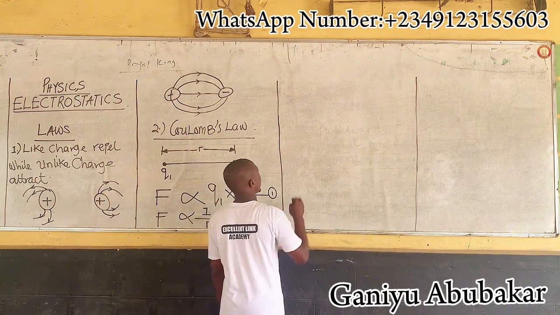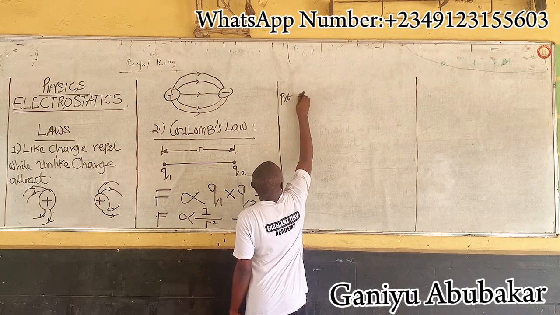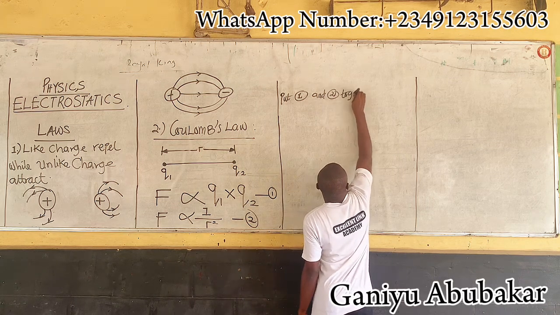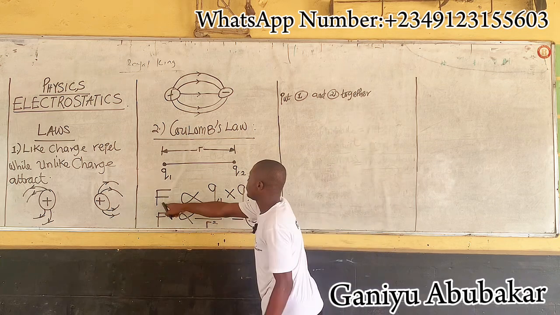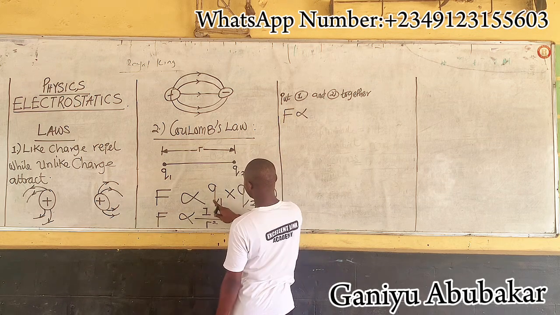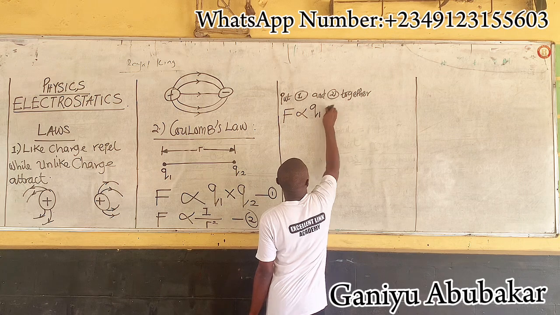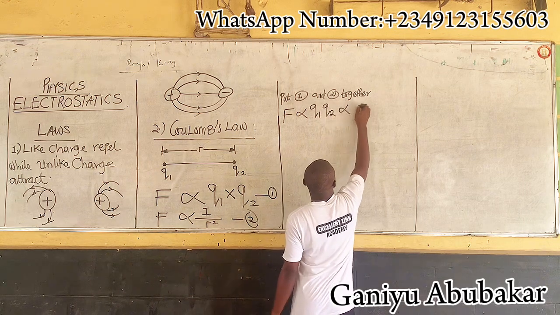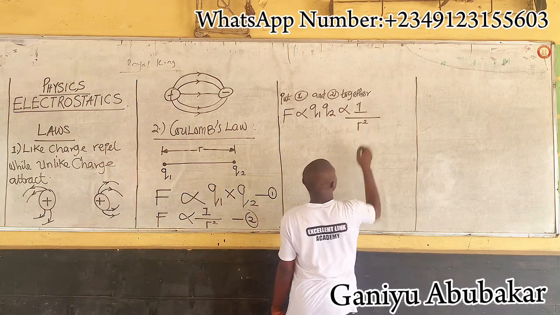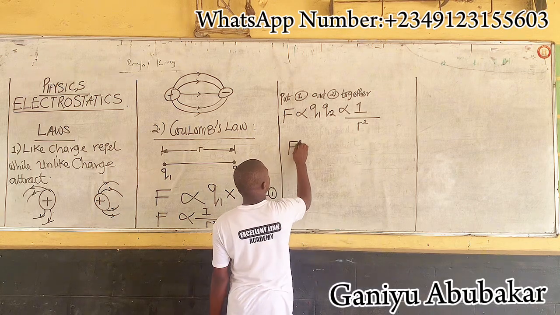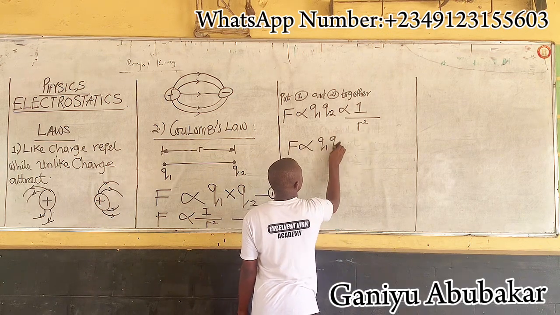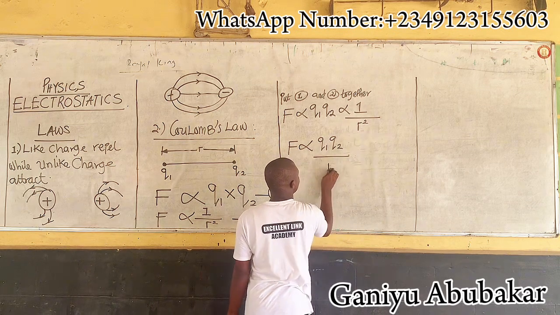If I put 1 and 2 together, I'll have that F, which is the force of attraction, is proportional to Q1 times Q2 and at the same time inversely proportional to the square of the distance apart, that's R squared.